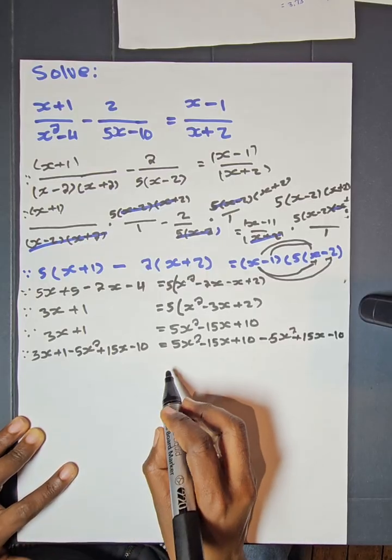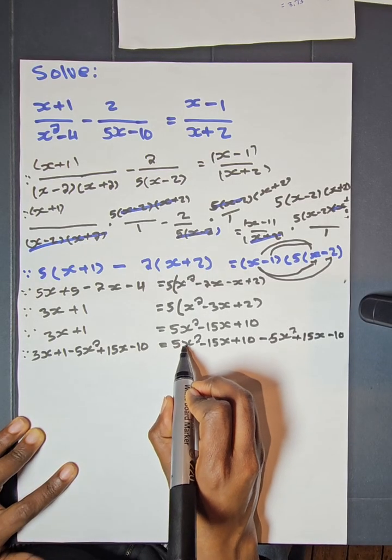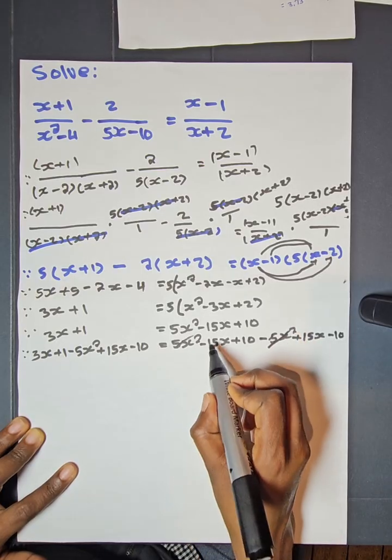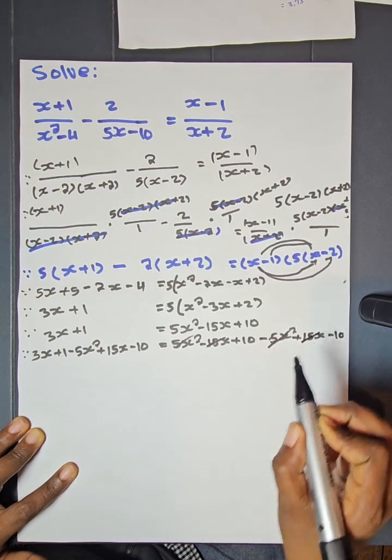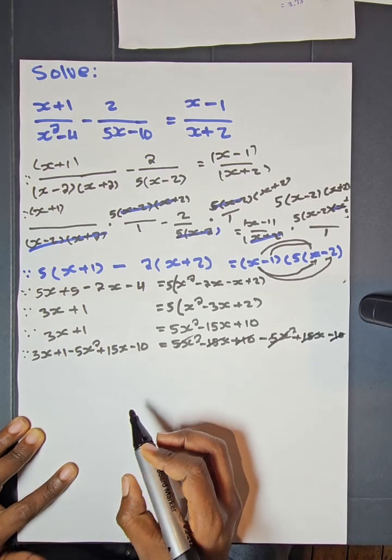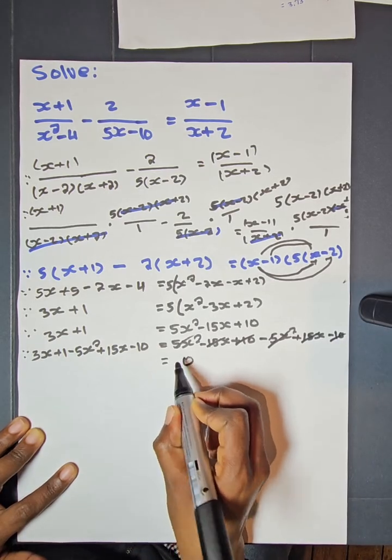Now the right hand side simplifies: 5x squared and minus 5x squared go together, minus 15x plus 15x go together, plus 10 minus 10 go together. So this simplifies to 0.